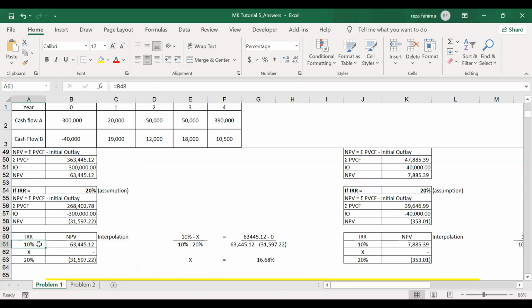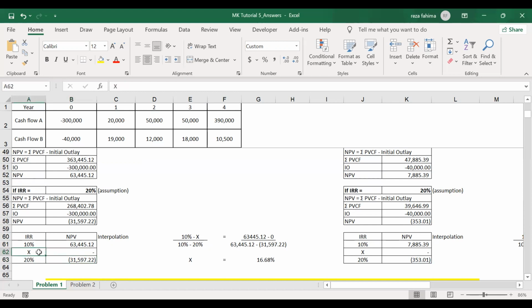We write down that the IRR we assumed is 10% and 20%, and the NPV of the IRR 10% is 63,445.12, and the NPV when the IRR is 20% is minus 31,597.22.